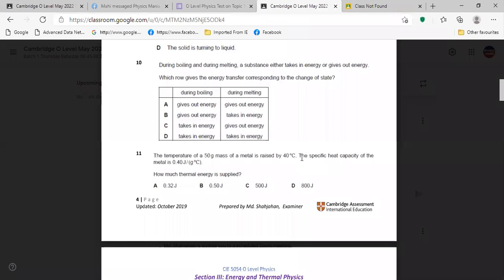Which one is M? 50 grams. Then you have C given, specific heat capacity 0.4, and you are also given del theta. They said already raised by, which means increased or changed, and that is given as 40 degrees Celsius. So del theta is 40 degrees Celsius. Then what should be the answer?